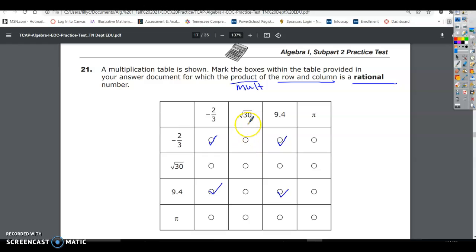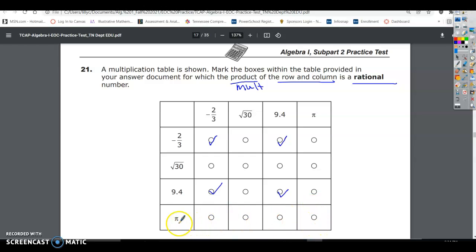Also, we can decide that pi, 3.14, continues on forever and ever with non-repeating numbers. Times anything, it is going to be something times that never terminating decimal. So none of the ones times pi can be a rational number. So we can just go ahead and forget this column, and same thing down here.